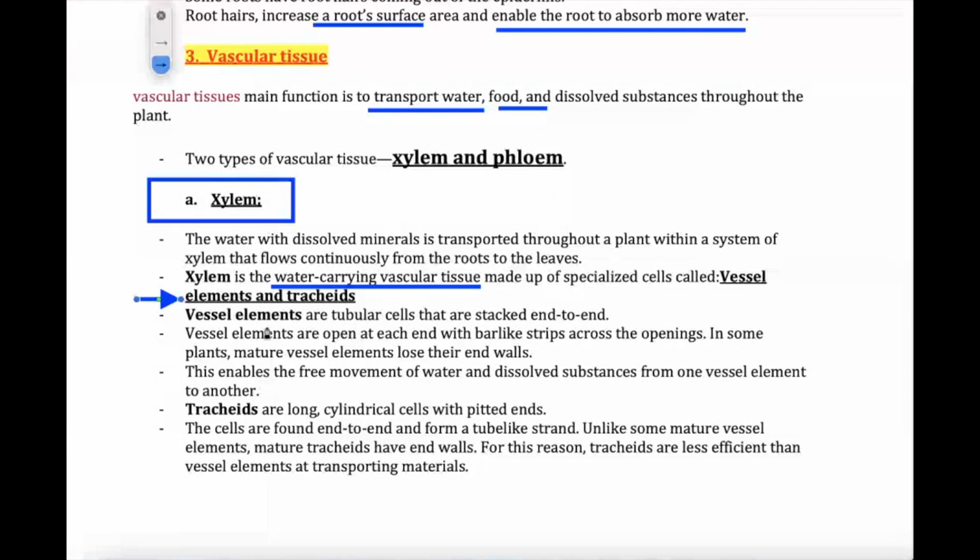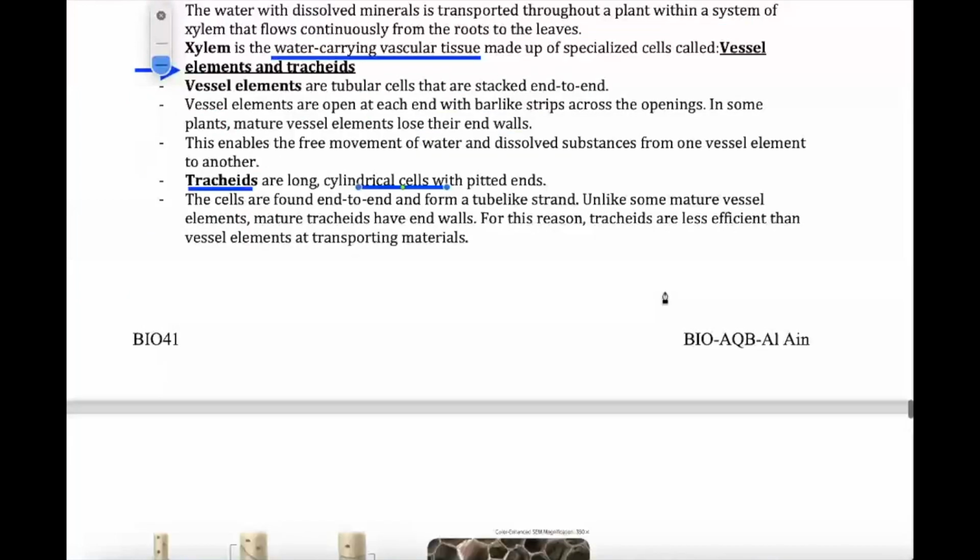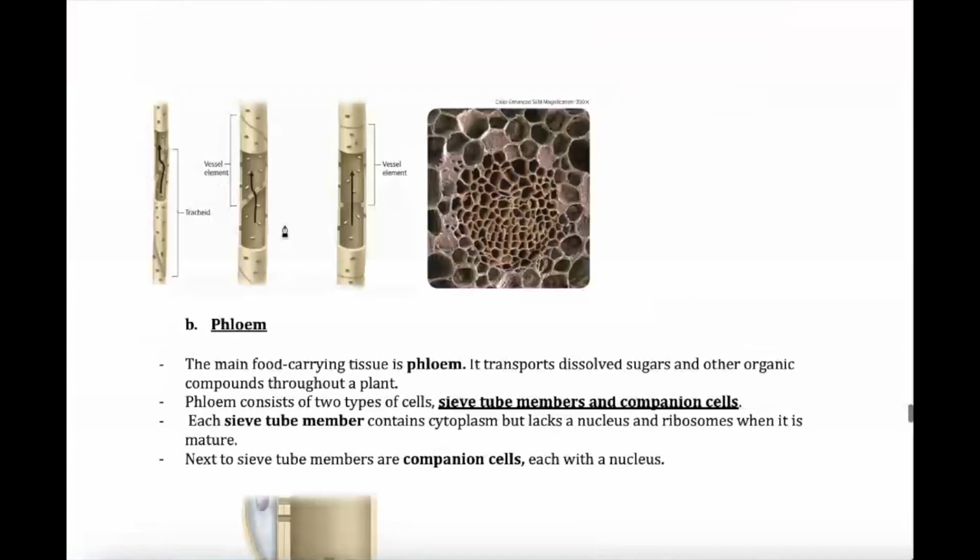They are basically structures which are joined end to end to make a long opening, and the tracheids are like cylindrical cells. So both of these make xylem, and xylem is important for the transport of water. You can see in this picture, these are tracheids, and here these are the vessel elements.